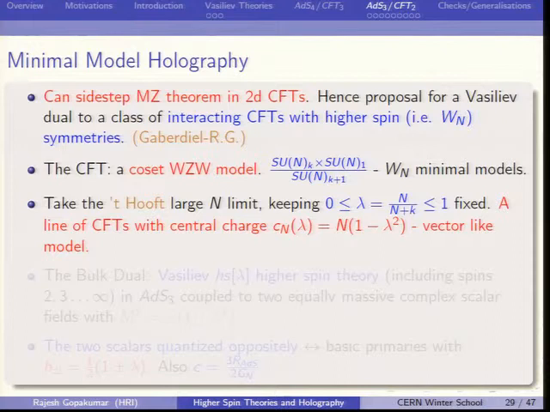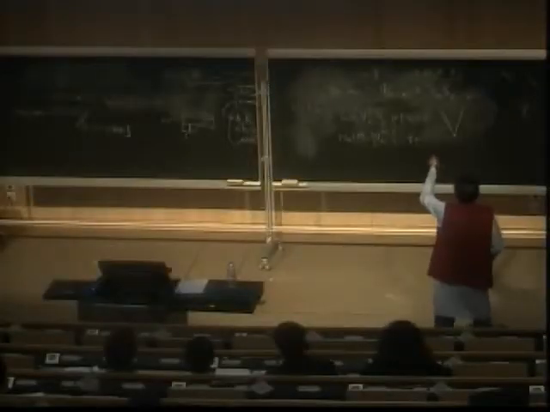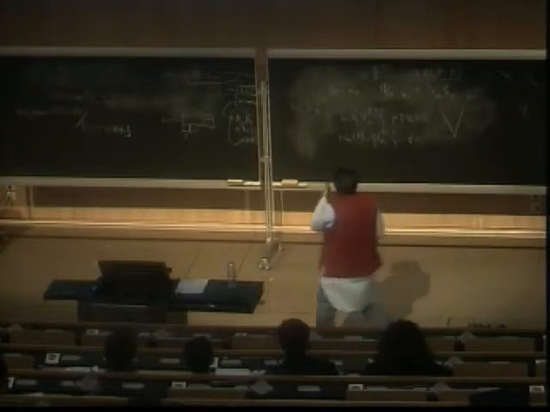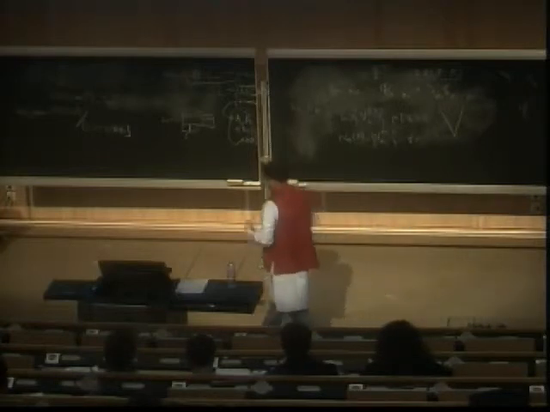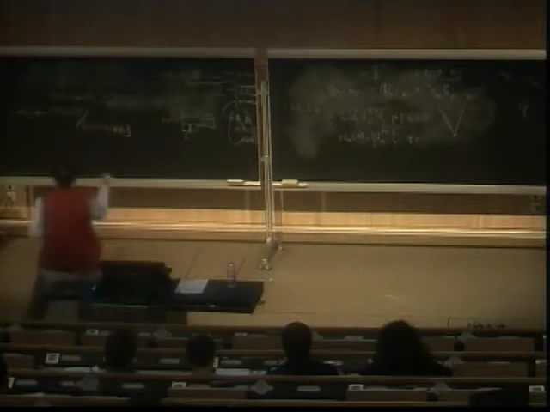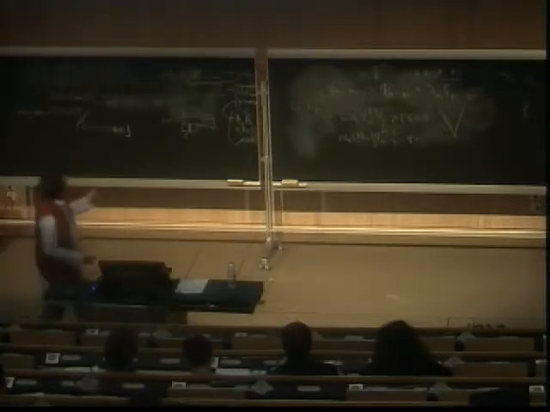It's not a standard vector model, but nevertheless, the 't Hooft limit seems to make sense, as I'll describe. Basically, it's a limit in which you take the parameters N and k of this coset model large and take this ratio to be fixed. This ratio lambda will measure the strength of the interaction. So lambda equals 0 is the free theory in some sense.